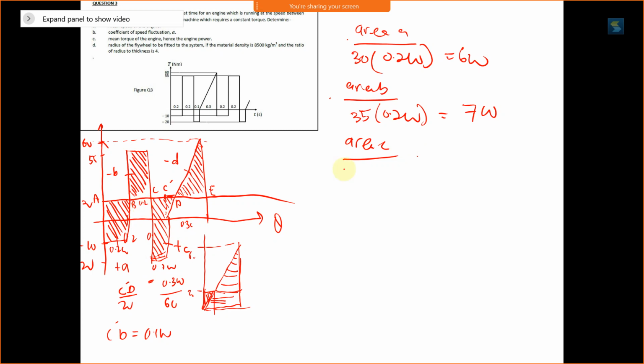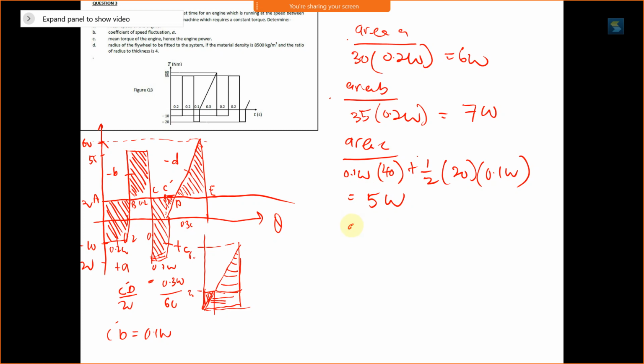So 0.1 omega times with 20 plus 20, 40 omega, sorry 40, plus with yang segitiga yang kecil ni. So plus 1/2, 20 times with 0.1 omega. Okay, betul. Then the answer is 5 omega.